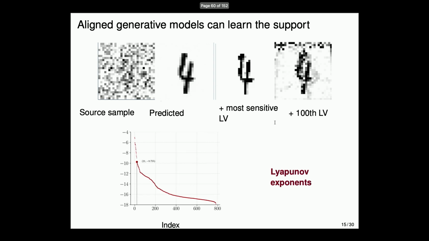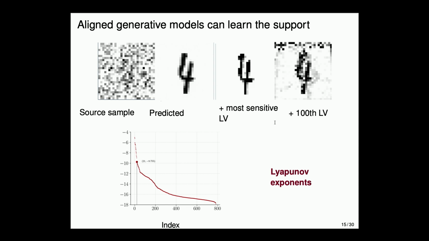You can also see this in the Lyapunov exponents, where if you plot the Lyapunov exponents using the procedure that I just described to you from the matrix R, you will see that the first 20 or so, maybe 15 being the intrinsic dimension of the MNIST data set, are separated from the whole band of the remaining 760 or whatever.